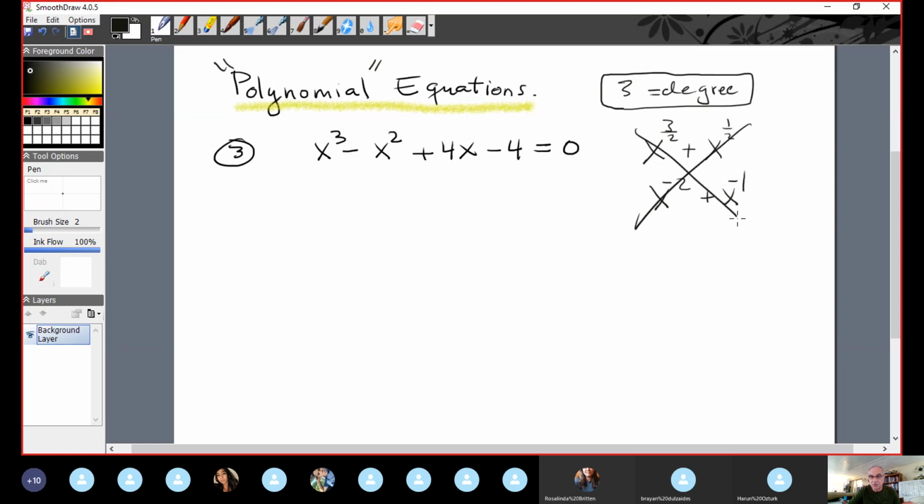This is polynomial because it's 3, 2, 1, 0, whole numbers. So you expect degree 3, you expect 3 solutions. Otherwise, no. So this idea que degree 3 means 3 solutions is only valid when it's polynomial.